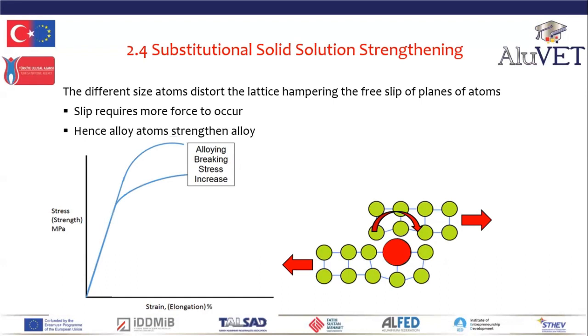So physically slipping the layers of atoms requires a much, much greater force to slip the atoms over the distortion caused by the mismatch of alloying elements. So alloying elements increase the strength and completely change the properties of the alloy. The alloying elements completely change the nature of aluminium. They completely affect the grains, the structure.